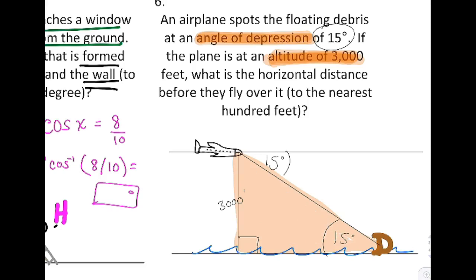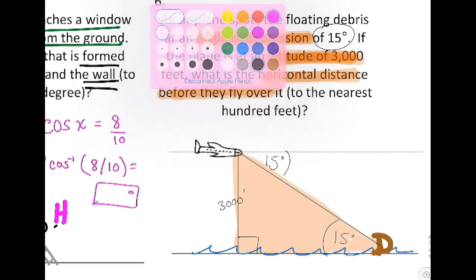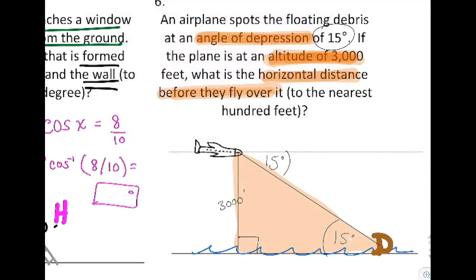And the question says, what is the horizontal distance before they fly over the debris, which means how far are they going to fly from where they are now to when they're right over the debris, which is this distance here, but that's also the same as this distance here.